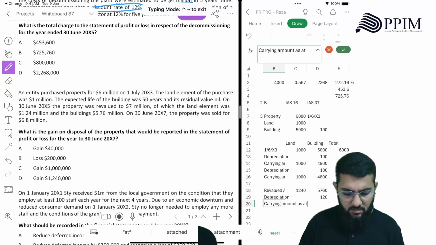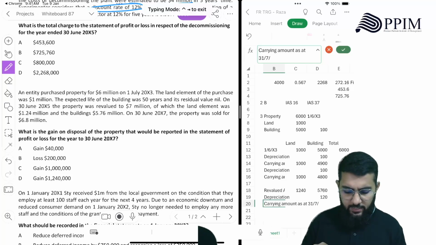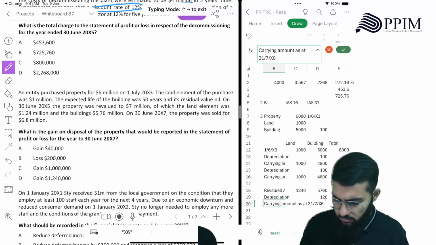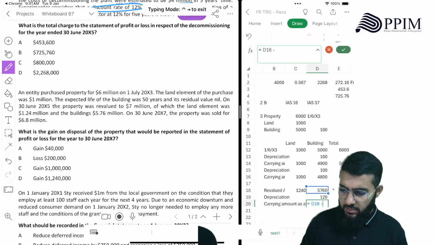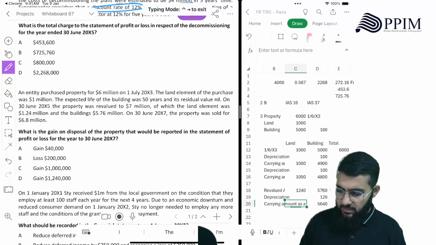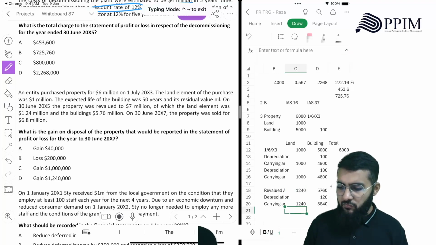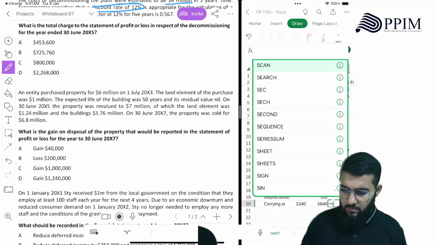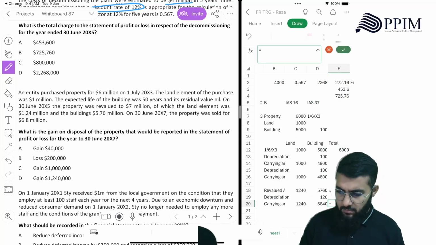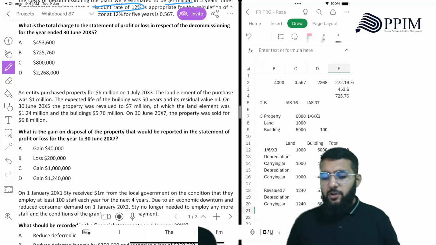as at 31st July X6, right, is going to be this minus this. This remains the same. Why is it not depreciating? Right, 6.8.